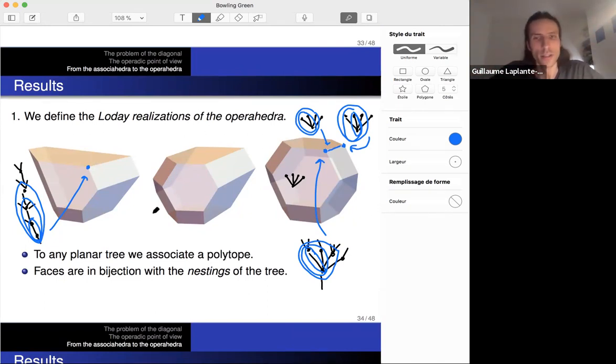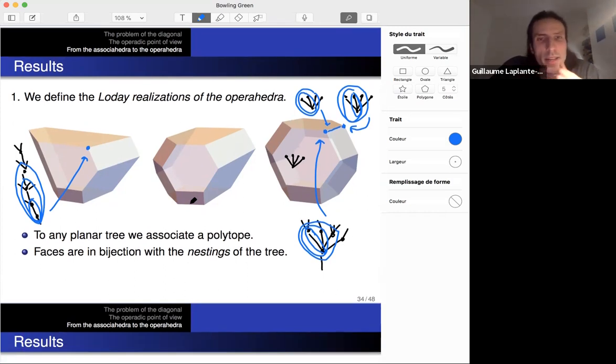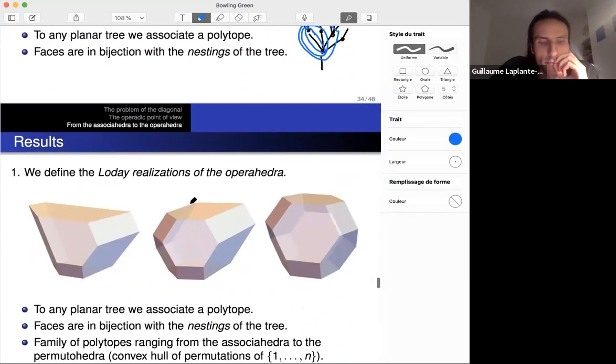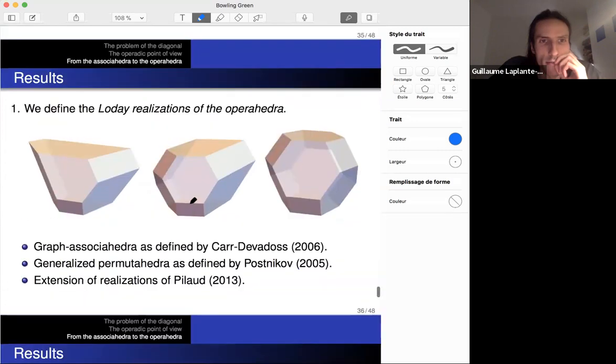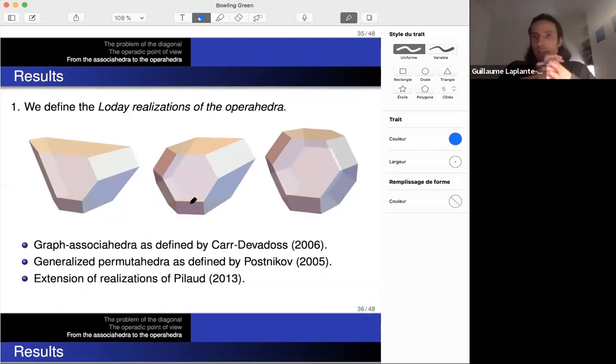So I guess this should not be so difficult to generalize. I think it's probably straightforward. I didn't think about this, but I restricted myself to non-symmetric operads.